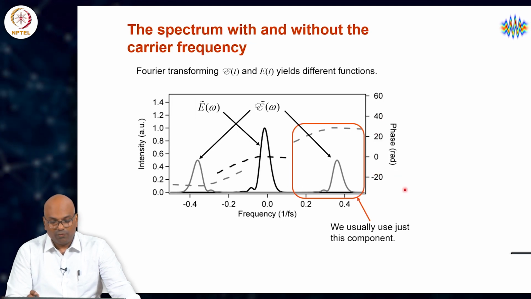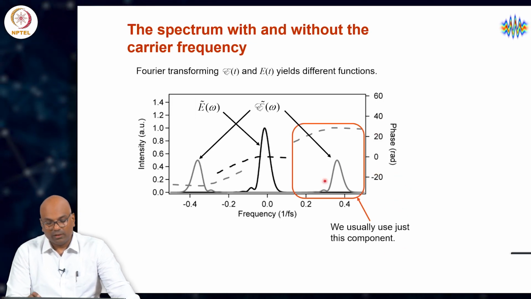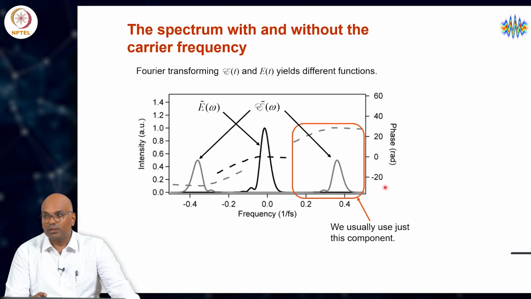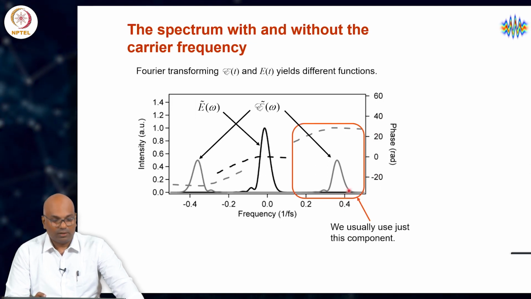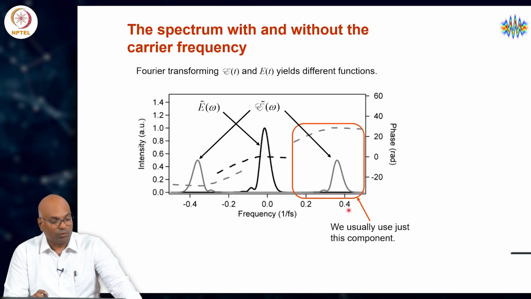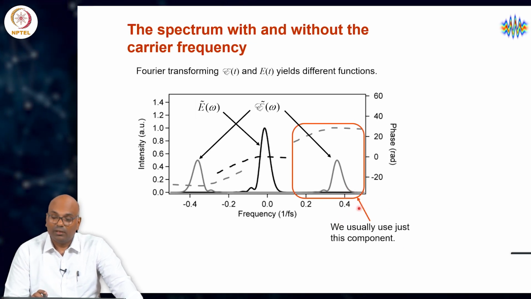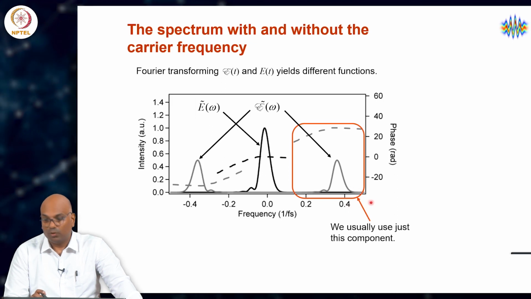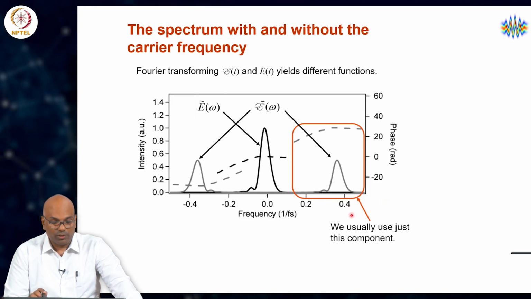Okay. So, we often use only this component in describing the pulse, but the whole idea is to work out whatever we would like to work out and keep things consistent throughout and retrieve the real field in the time or the frequency domains, because electric field is real.